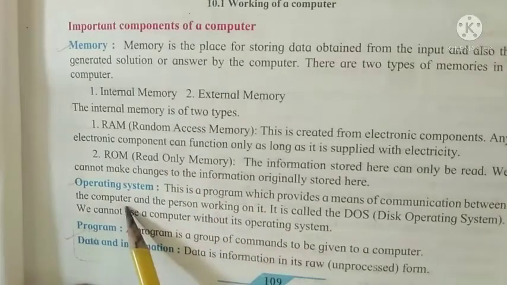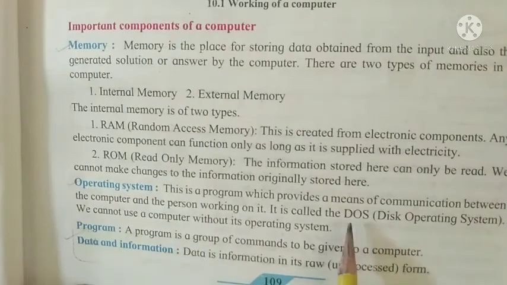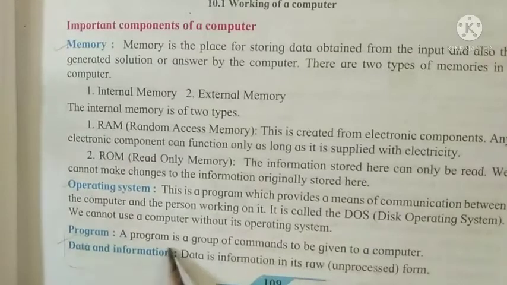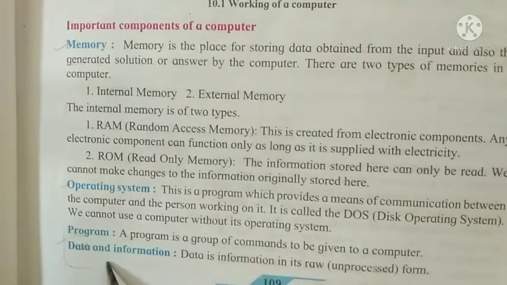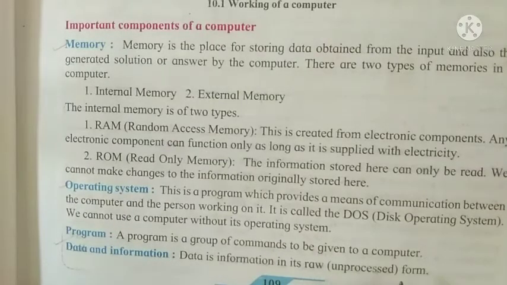Then operating system, disk operating system, that is DOS. Program: a program is a group of commands to be given to the computer. Data: information in its raw form.